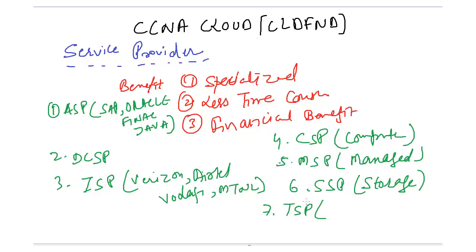But telecommunication is like you want to speak to anyone, your colleague or any manager or client. In that case, you would need to have telecommunication devices, and those will be provided by this service provider.